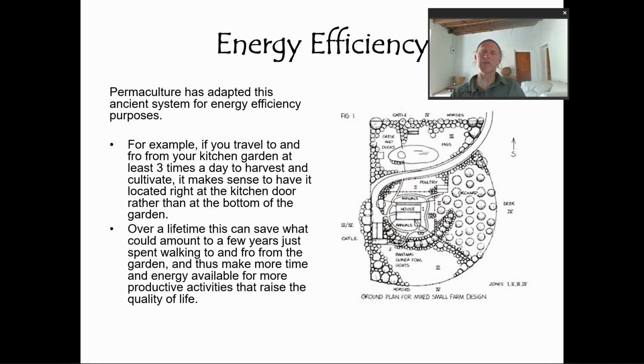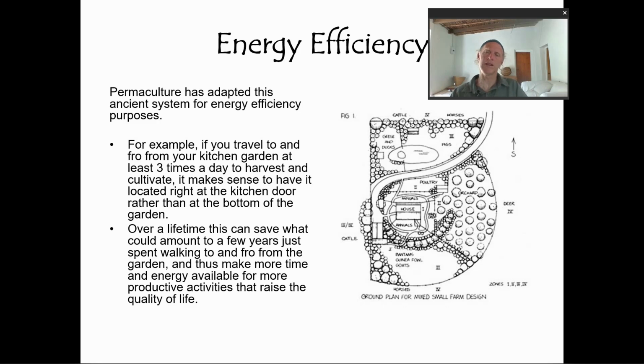And where this whole concept of having it at the bottom of the garden starts to fall short from an energy efficiency perspective is, if you are going to that garden at least 3 times a day, and that's a minimum, and say the veggie garden's 30 meters away from the house, this having the vegetable garden out of sight, out of mind is very much a Victorian evolution, a status symbol whereby landowners could show their wealth through ornamental systems.